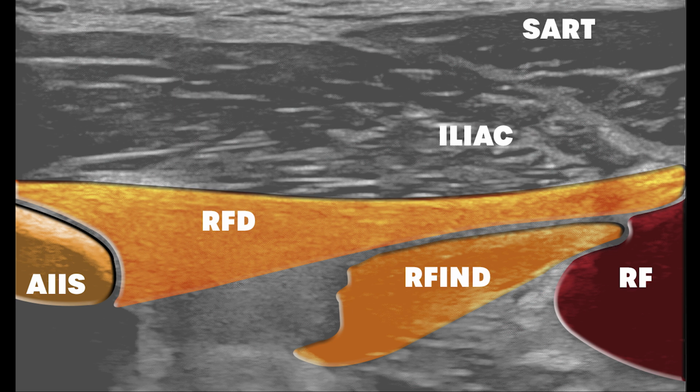Subsequently, the ultrasound probe is rotated to a transverse view over the direct rectus femoris tendon. The tendon is then followed distally until the muscle belly becomes visible. Note, the arrow marks the anisotropic shadow of the indirect rectus femoris tendon.